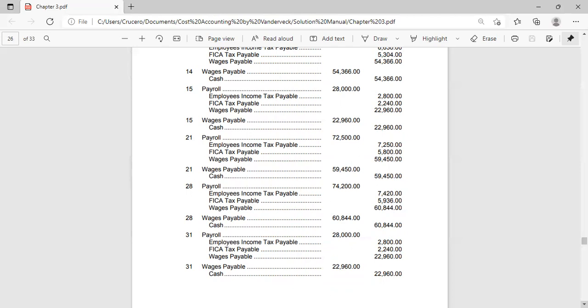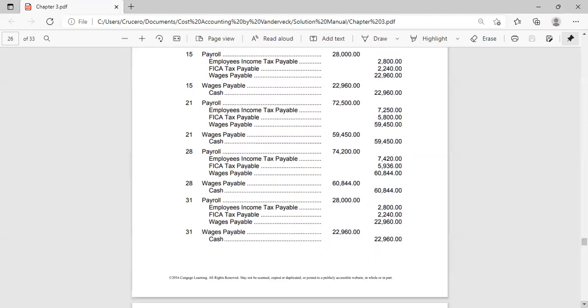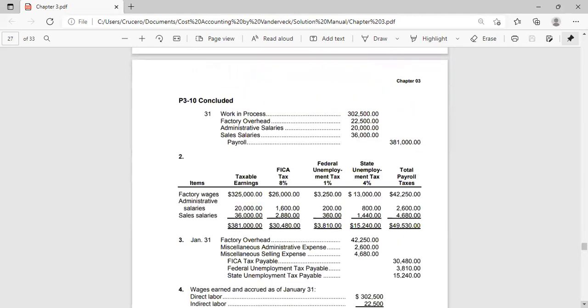And finally, on the 31st, recorded administrative salaries. So again, we debit payroll, credit the deductions, credit wages payable, and finally for payment, debit wages payable. And we have now the answer to numbers 1, 2, and 3.